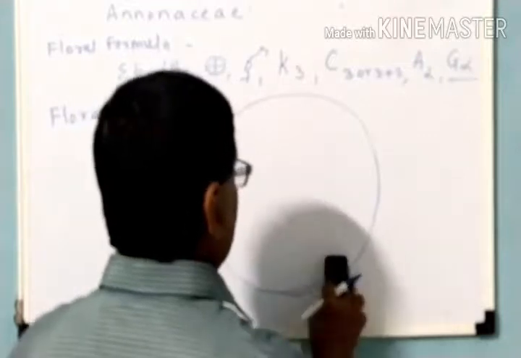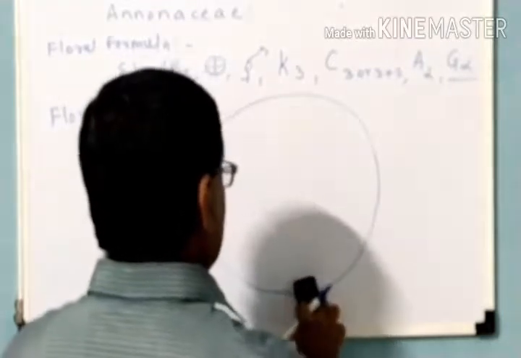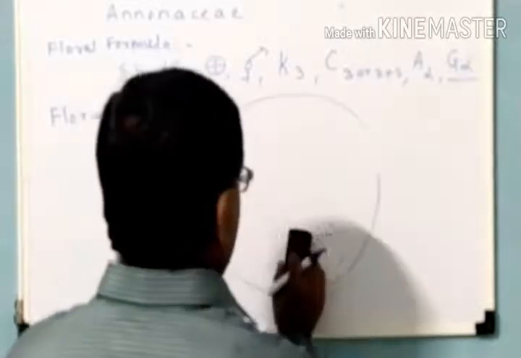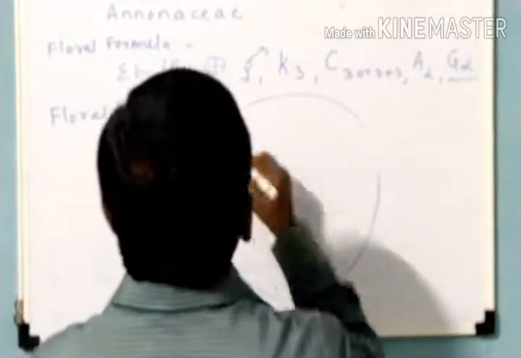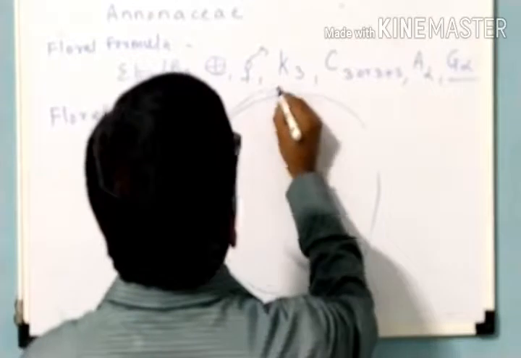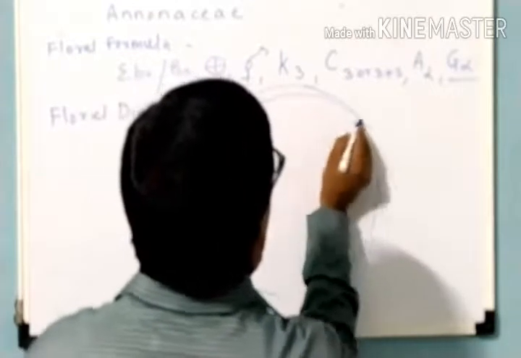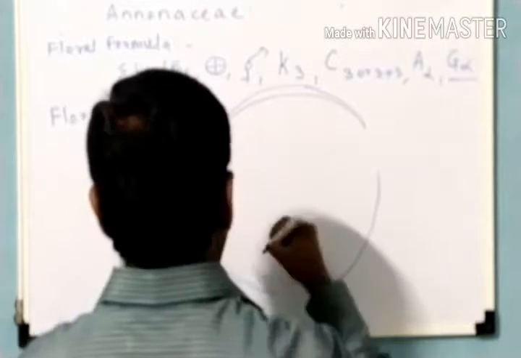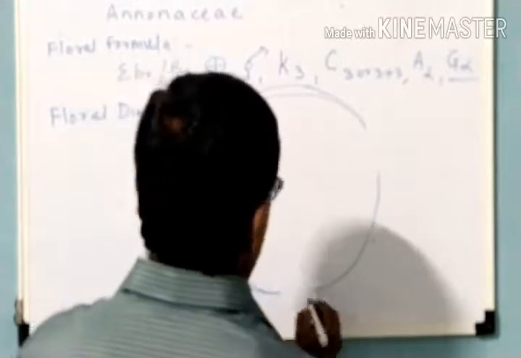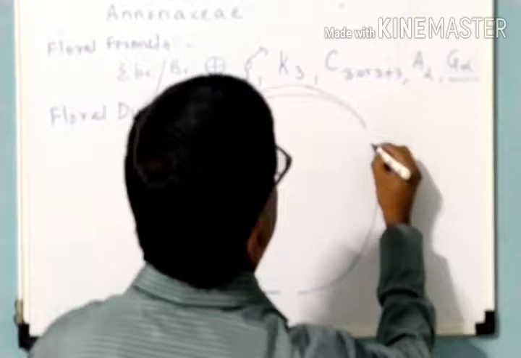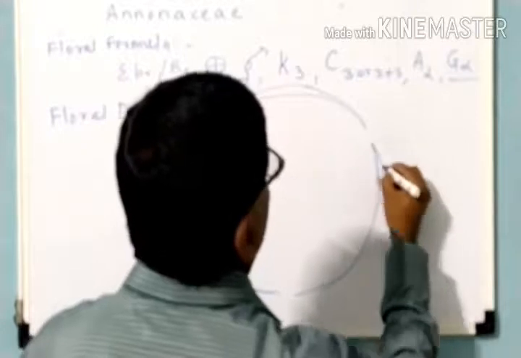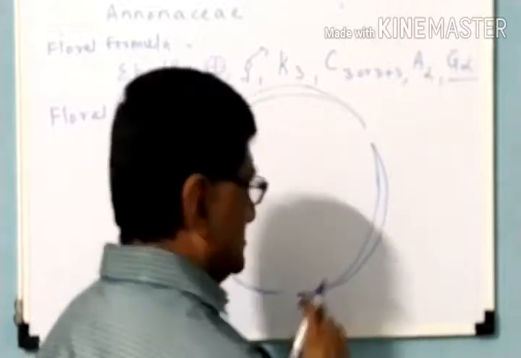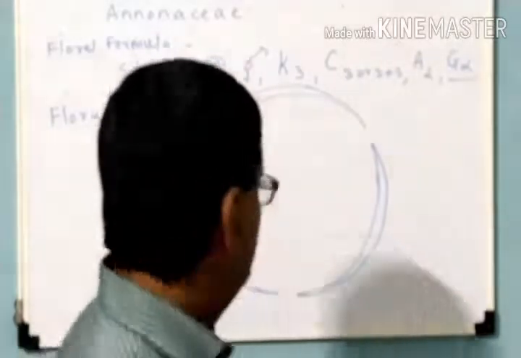There are 3 sepals and they are present in this manner. These are the 3 sepals. You can just see they are valvate. Like this way. This is the whorl of sepals we have drawn.